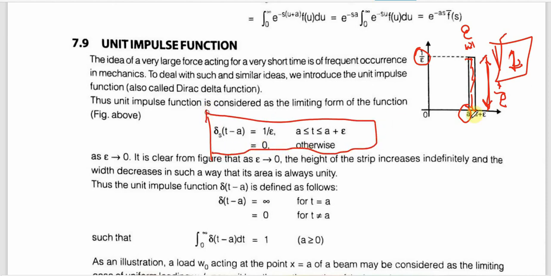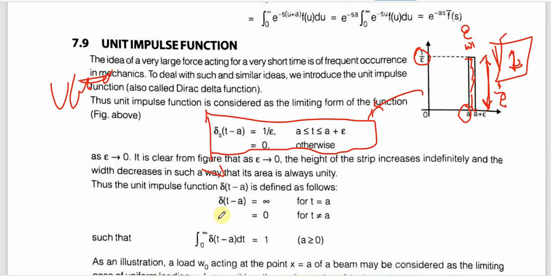Graphical to this arithmetical relation. So the unit step function was u of t minus a, but the unit impulse function is delta of t minus a, 1 upon epsilon and 0.